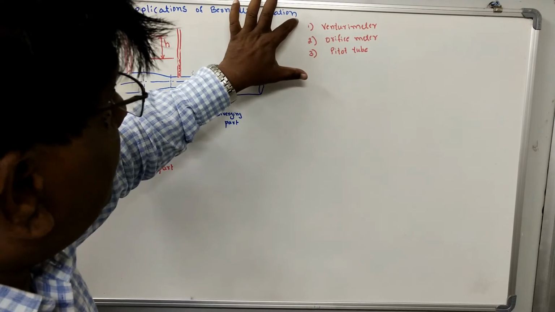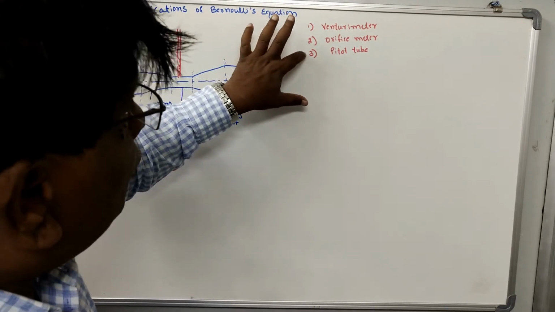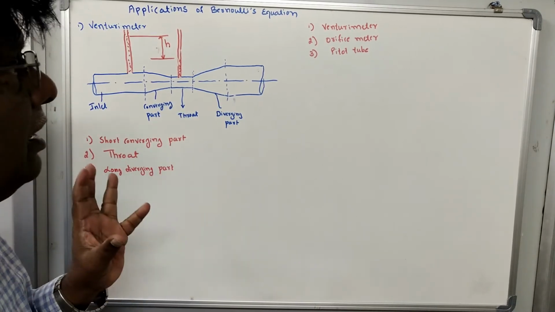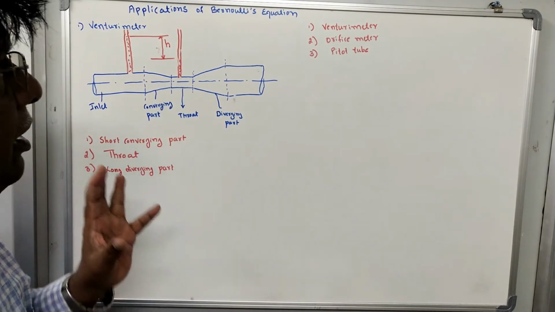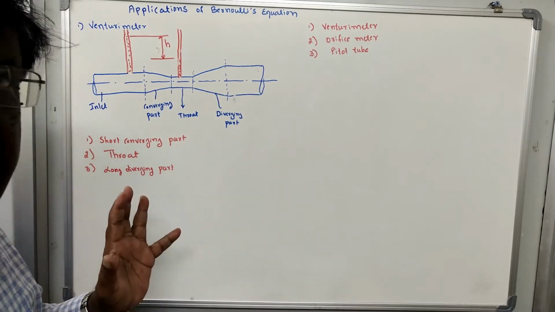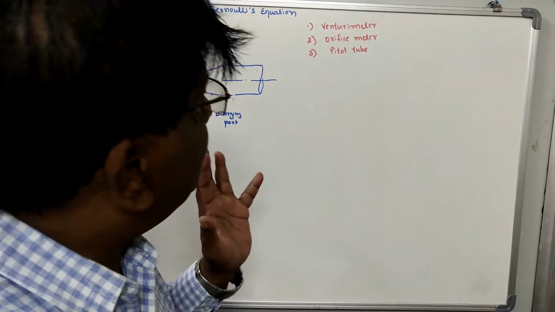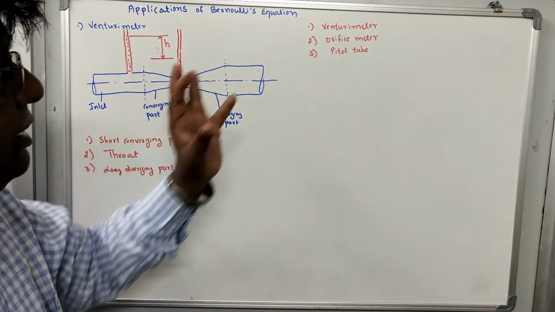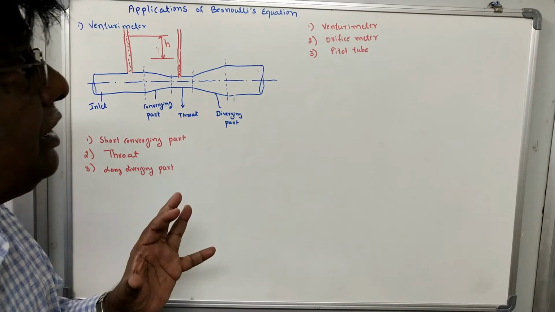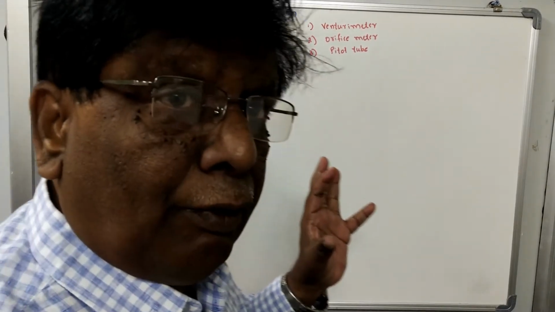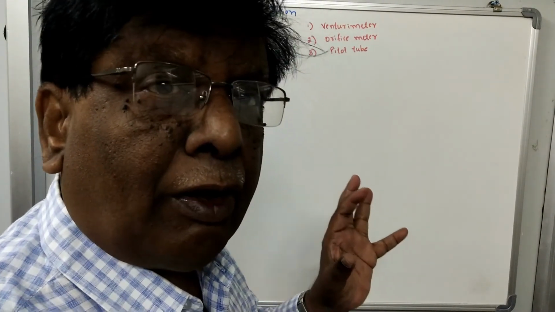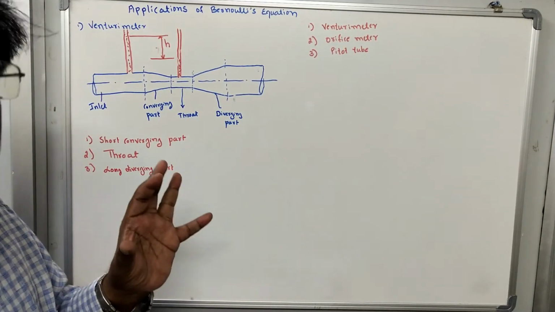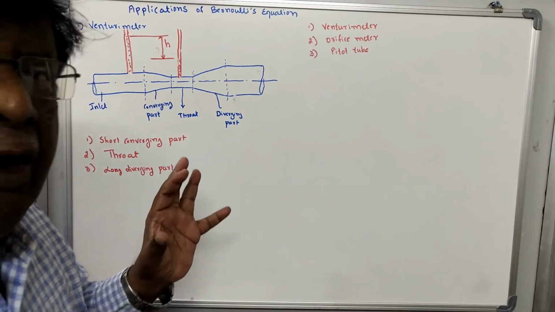So venturimeter, orifice meter, and pitot tube are the measuring devices used to measure the rate of flow through the closed conduit of incompressible fluid, and also to measure the velocity.